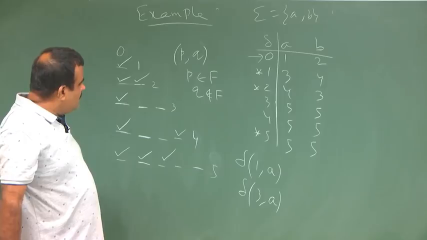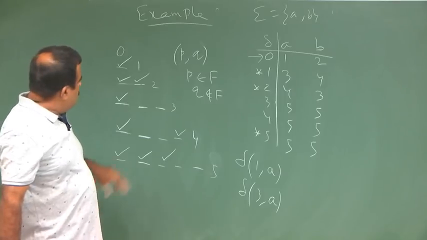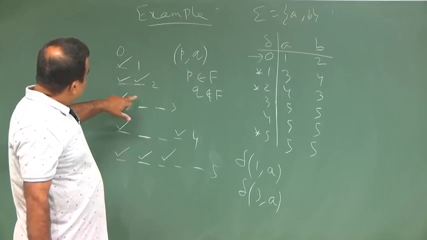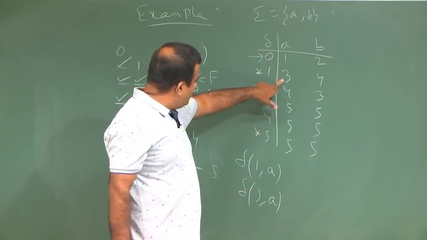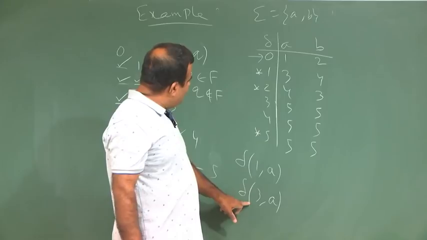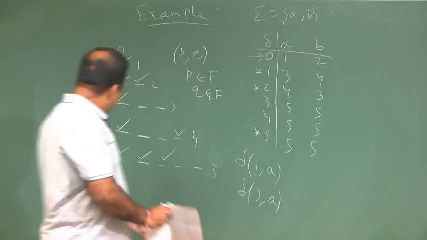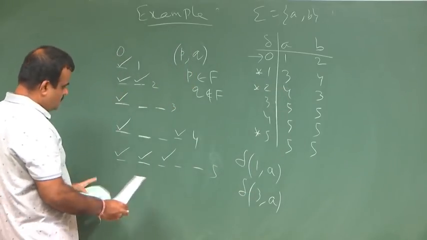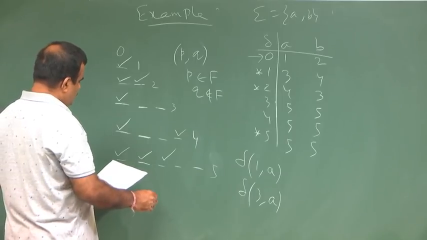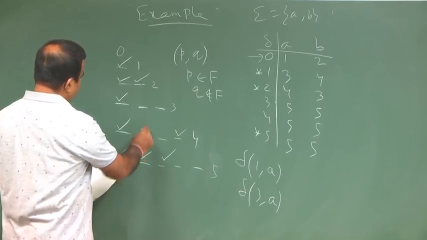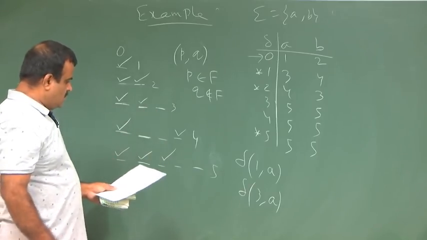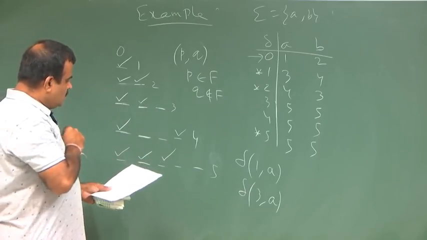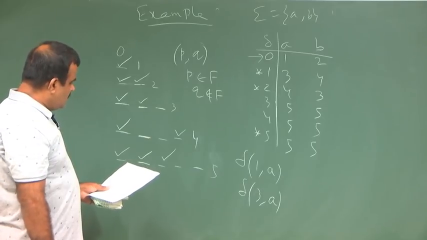So, 1 a is going to 3, and 3 a is going to 5. 3 5 is marked? Yeah, 3 5 is marked. So, we can mark this. Okay. So, 1 3 we have marked.